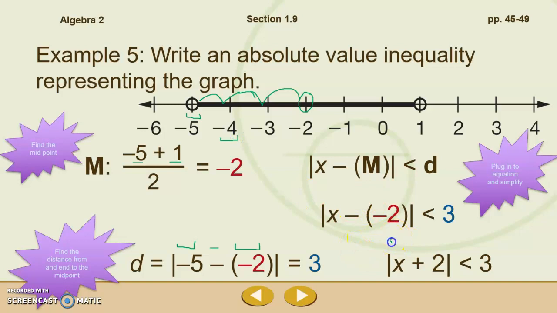Let's take negative 4. The absolute value of negative 4 plus 2 is less than 3. The absolute value of negative 2 is less than 3. That is a true statement, so our inequality is valid.